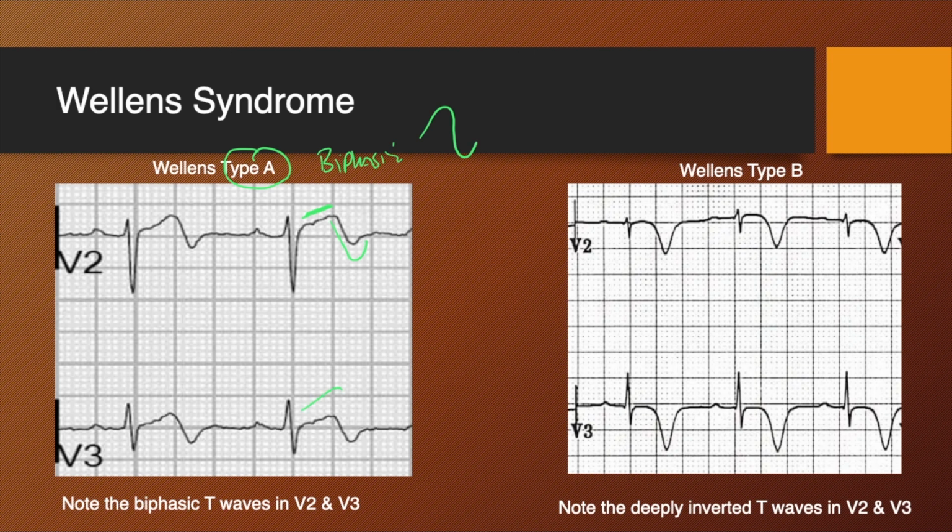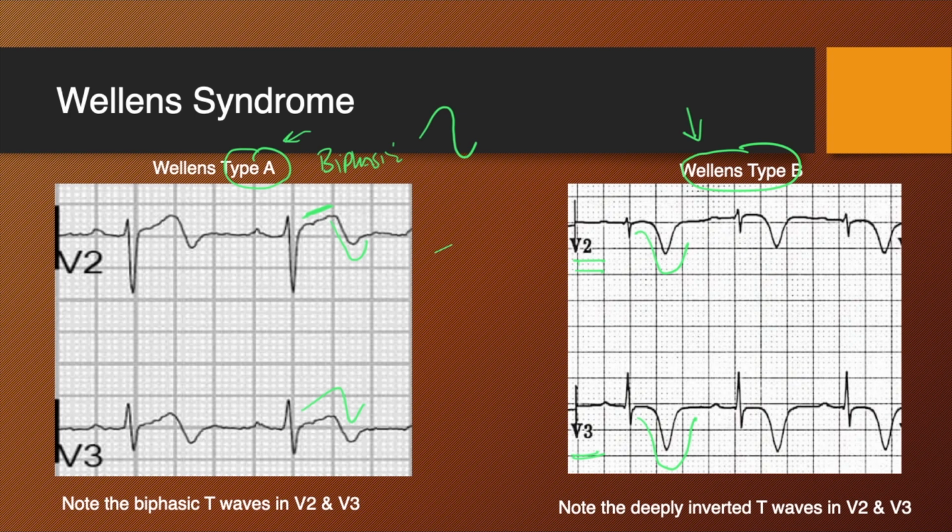And you see that in both V2 and V3. Whereas Wellen's type B, you have these deep inverted T waves in leads V2 and V3. So these are both Wellen syndrome. I believe that Wellen's type B is more common than Wellen's type A, but these are both Wellen syndrome.